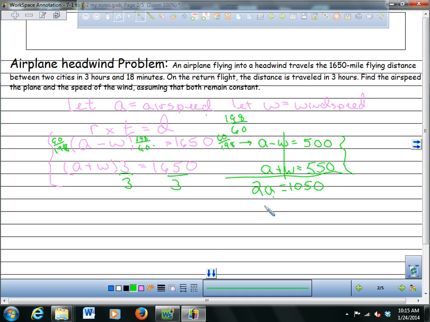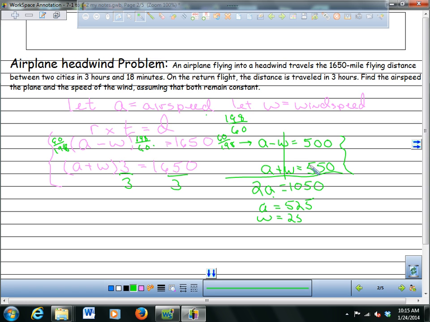So the airspeed of the plane is 525. And that means the wind speed must be what? If A minus W is 500, what's W? 25. And make sure it checks over here. Is A plus W 550? Yes.